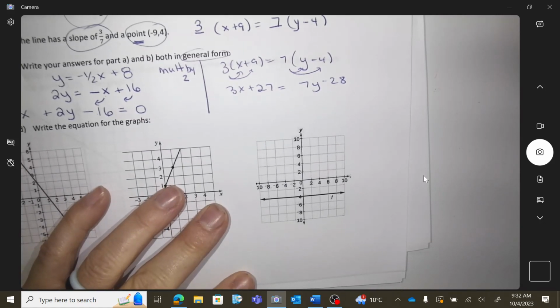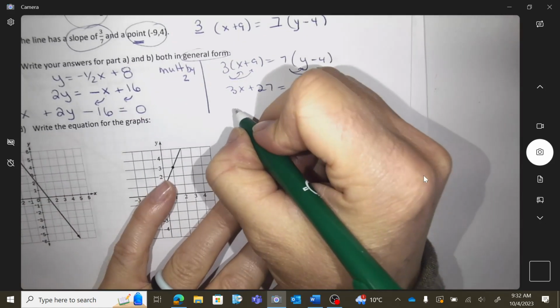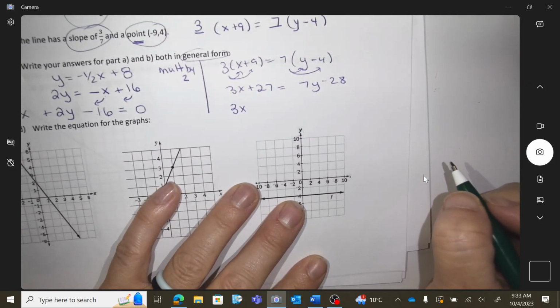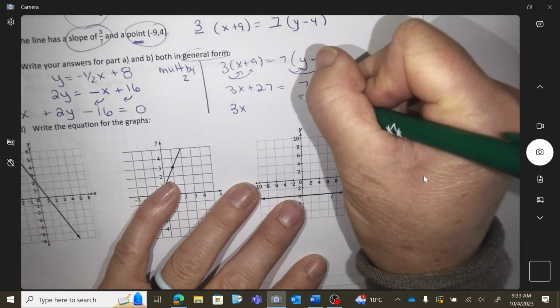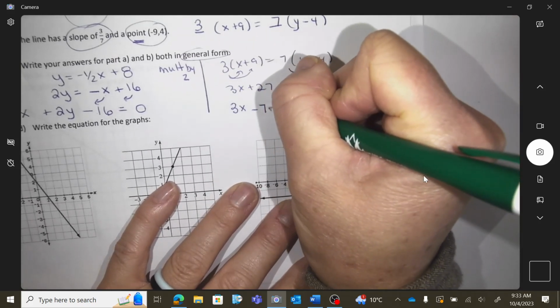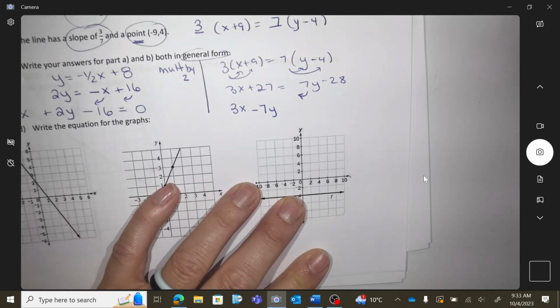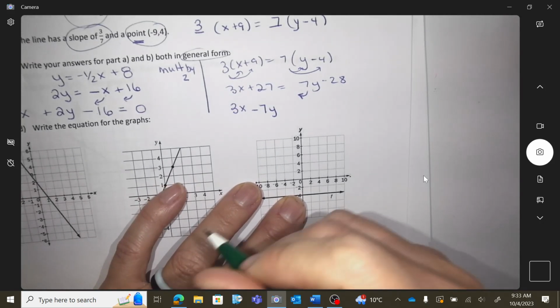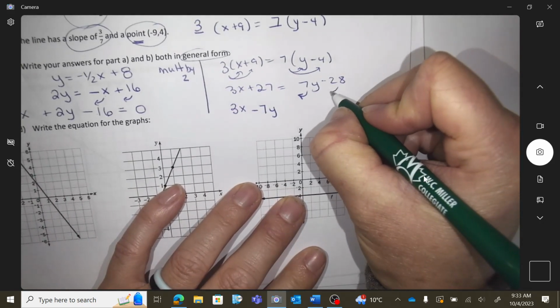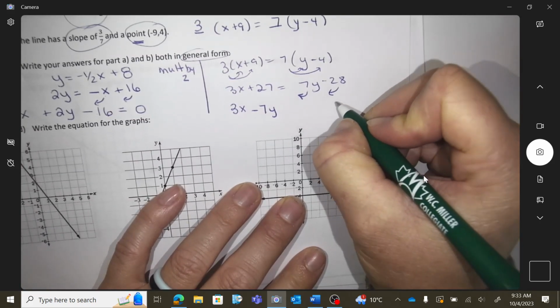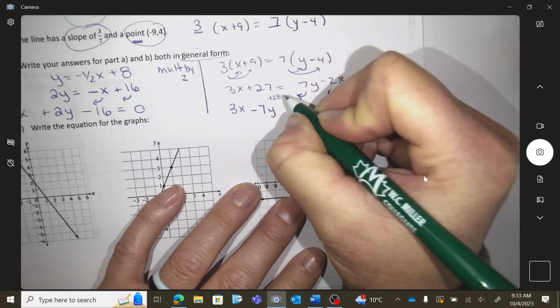Okay, and then same kind of idea here where we move it. So 3x is going to stay put. I would be doing a minus 7y. And then we're going to have to be careful here. This will do a move. So when I do move it, it would add 28.